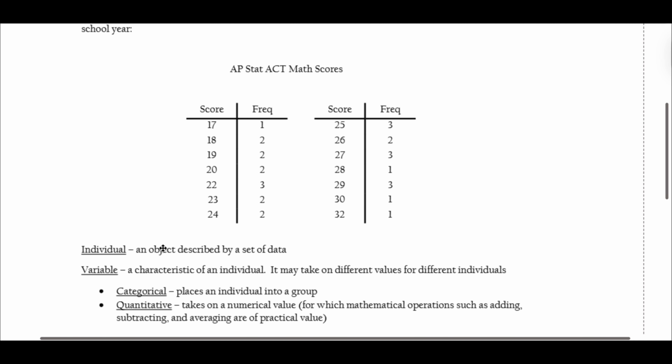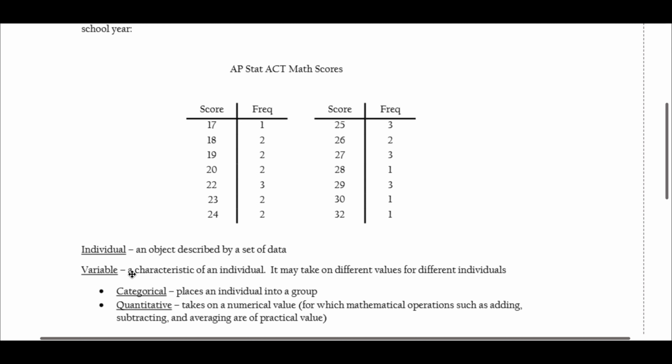Individual stands for an object described by a set of data. And a variable in statistics is a characteristic of an individual. It may take on different values for different individuals. Under variable, we classify two types of variables.